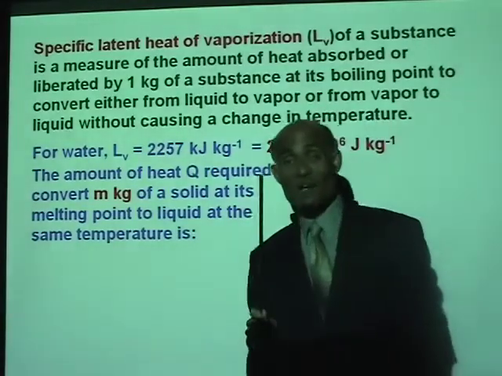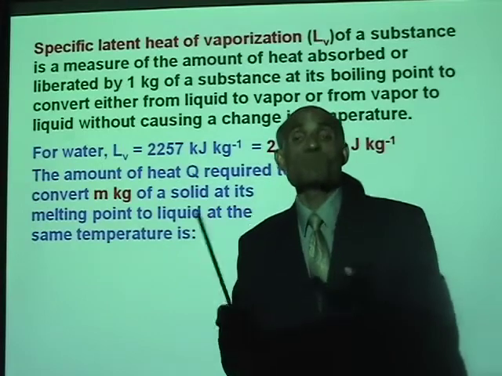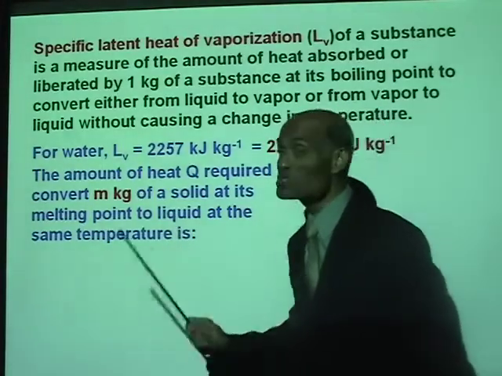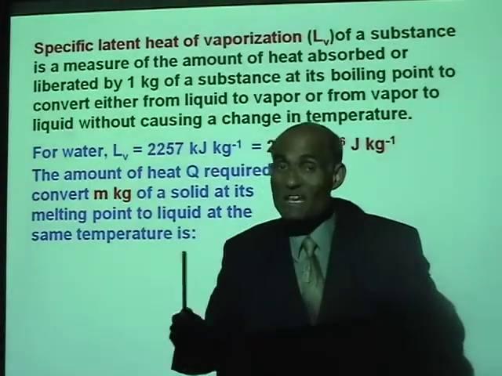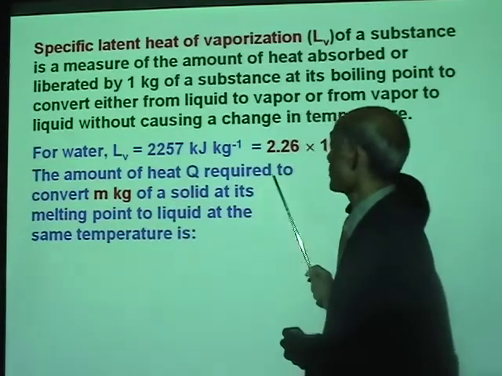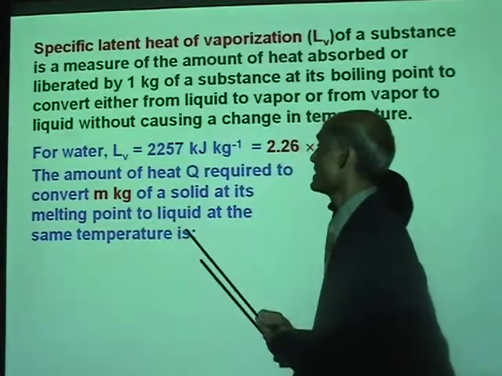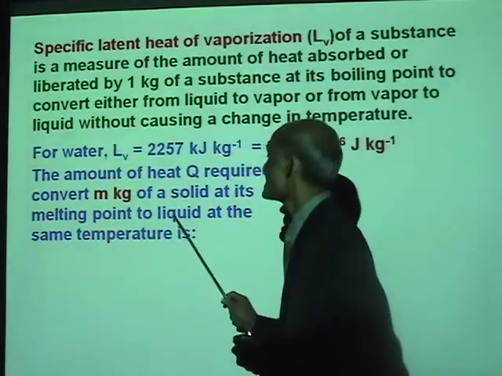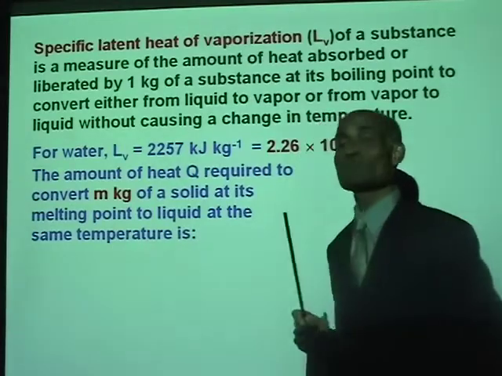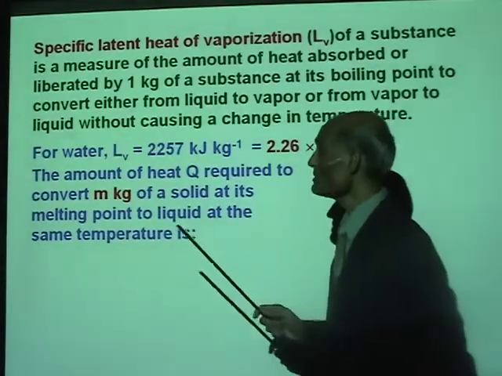Okay, let's now calculate the amount of heat needed to do this process. Remember, during a change of state, there is no change in temperature. So the amount of heat Q required to convert m kilogram of a solid at its melting point to liquid at the same temperature is, what will be that amount Q equal to?